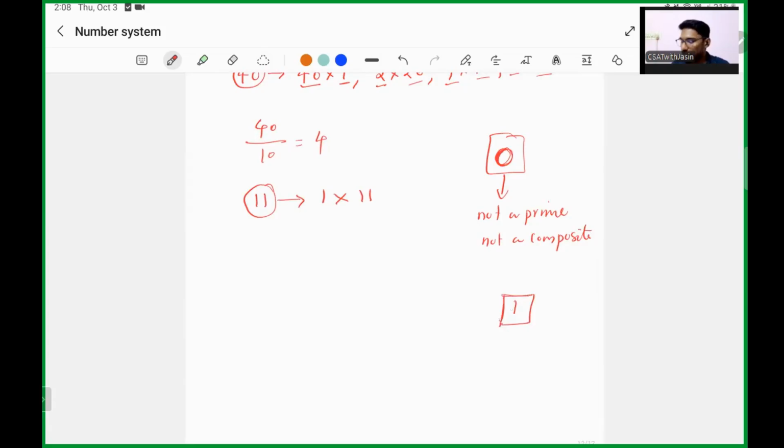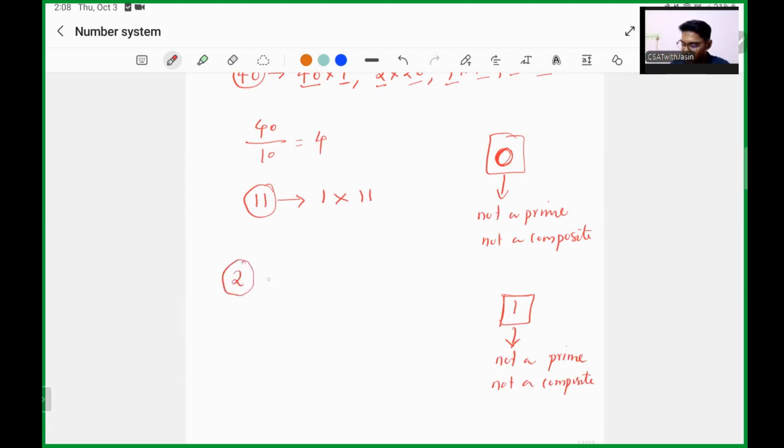Is 1 a composite number or a prime number? 1 is also not a prime number and not a composite number. So 0 and 1 are neither prime nor composite. Prime numbers start from 2.